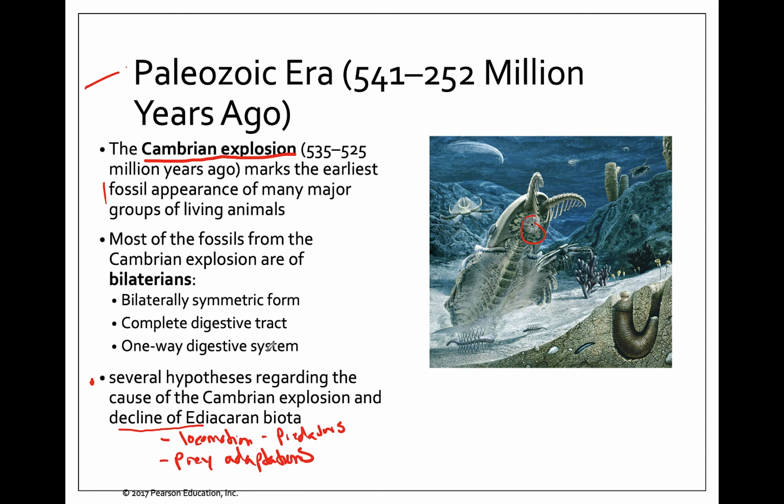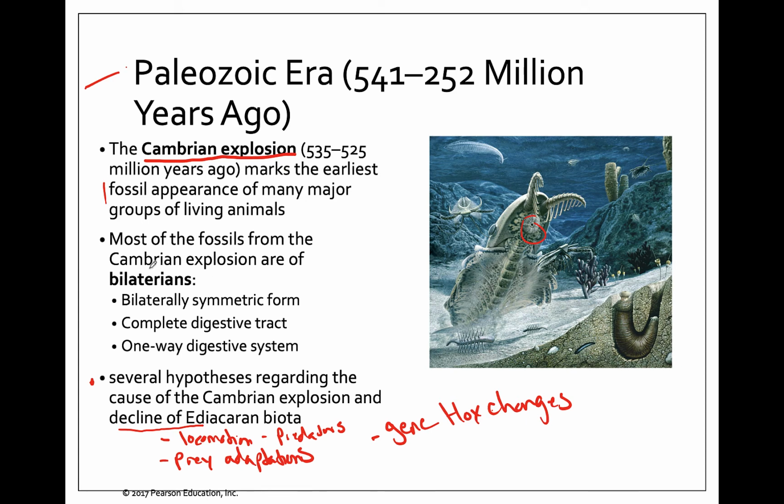We also believe that there were genetic changes in the Hox genes. Maybe mutations or duplications of the Hox genes, allowing for more genetic diversity and this rapid development of changes in body forms.